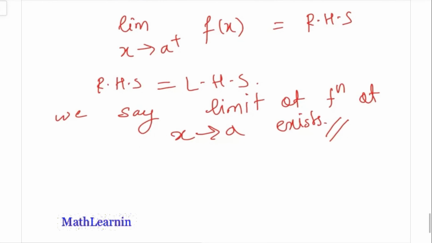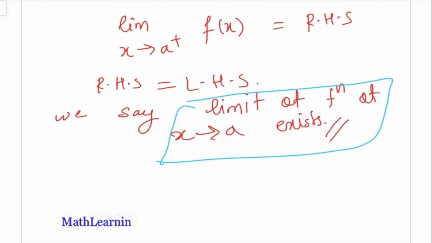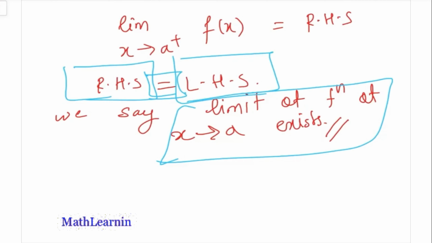Now there is one more concept associated with this. It may happen sometimes that the limit does not exist, if the right hand side limit value and left hand side limit value are not matching. In that case the limit may not exist.